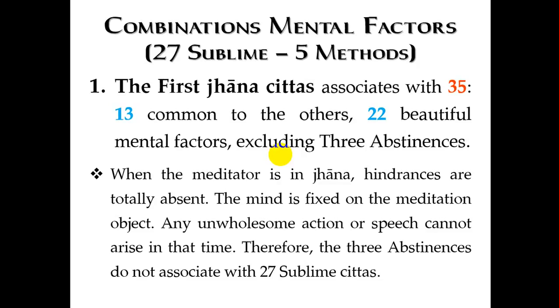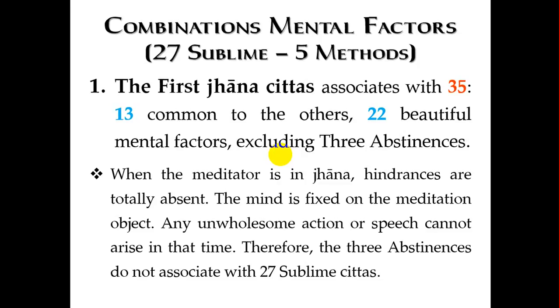At the moment of jhana, all the defilements or hindrances are absent. No defilements, no hindrances. So you don't need to do anything. You don't need to refrain from any unwholesome deed, right? So we have to exclude the 3 abstinences.